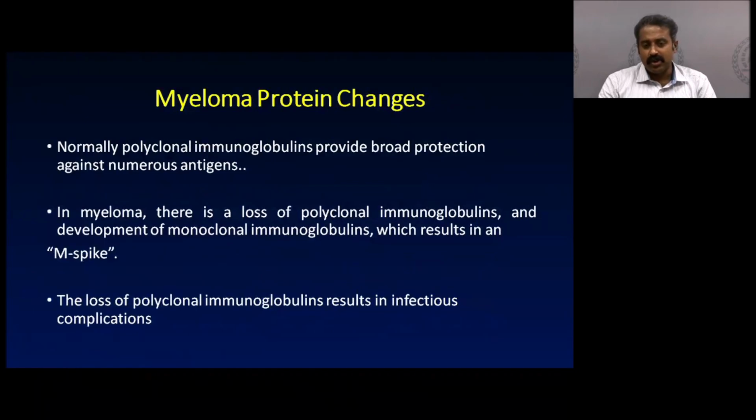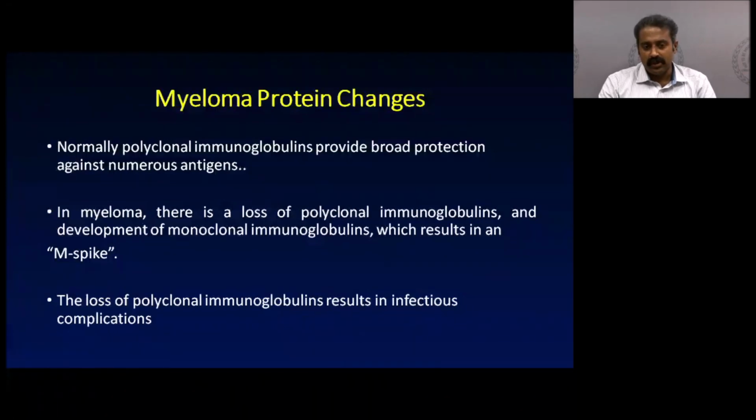The main function of the immunoglobulin is immune function. In the normal individual, polyclonal immunoglobulins are produced, ranging from IgG, IgA, IgM, IgD, and IgE. These polyclonal immunoglobulins provide broad protection against numerous antigens.